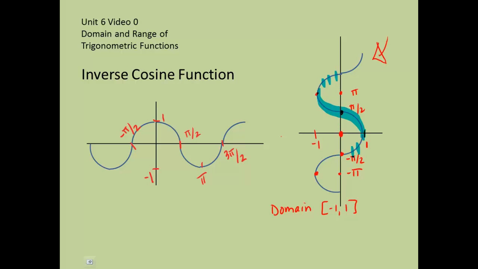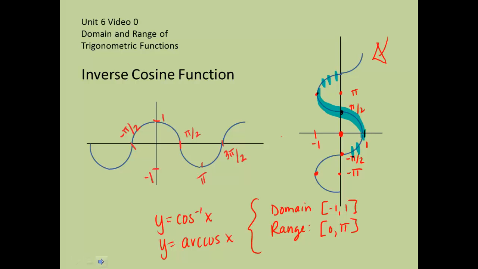So my new domain, or my new range, is going to be from 0 to +pi. And it is shifted differently than the sine, just like cosine is shifted differently than sine. So these are my values for my cosine inverse of x, or another way to write it is the arccosine of x.